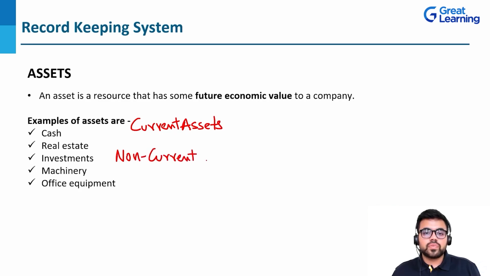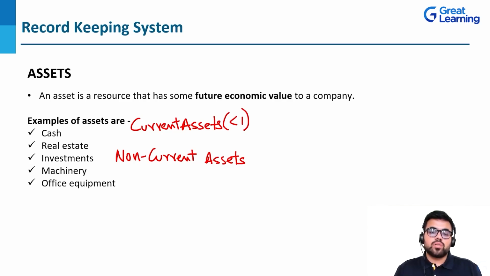Current assets would be something that have an economic benefit within a year. So this is short term. So it would be short term investments or short term account receivables, etc. Whereas non-current assets would be something which drive an economic value after a year. So these are long-term investments or investments in land, investments in equipments, investments in vehicles, etc.